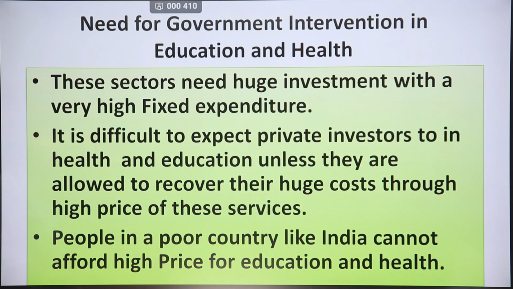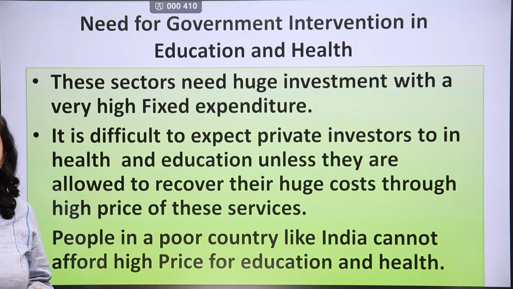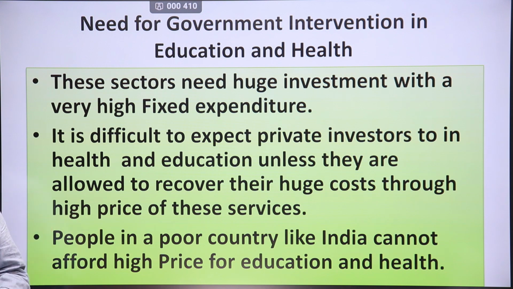The need for government intervention in education and health. See, when India embarked on its economic planning, public sector enterprises were given the key role. That means government played a very important role in the economic development of the nation since the beginning of economic planning, that is 1951. Why?